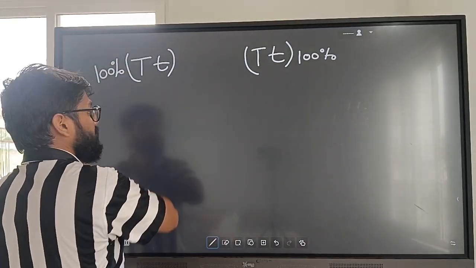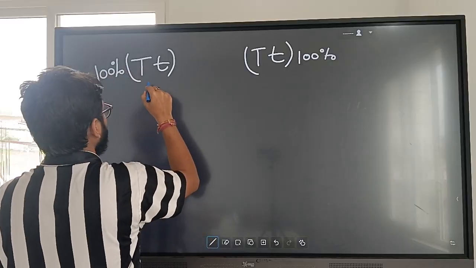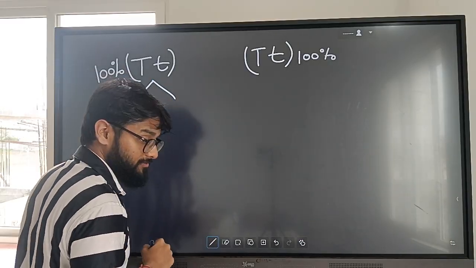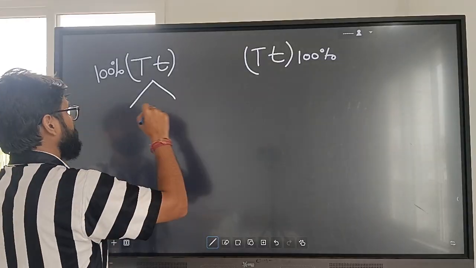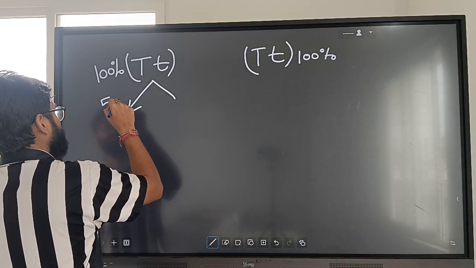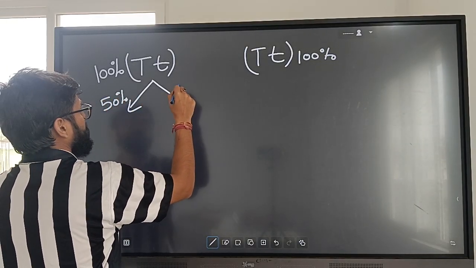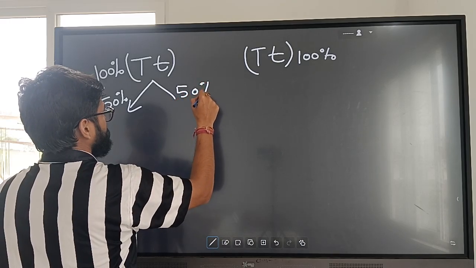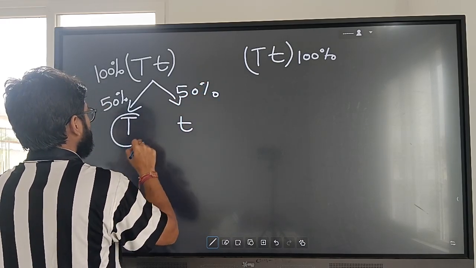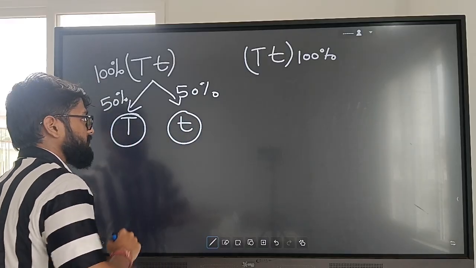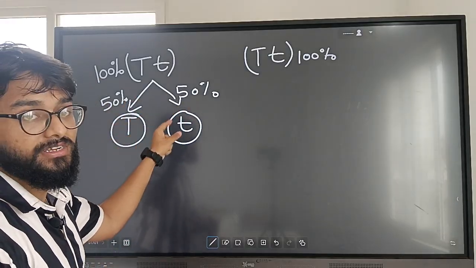Now what happens when they form gametes? As I have told, from Mendel's law of segregation, they must divide equally. That means this should be 50% and this should be 50%, correct? That means these two gametes should be formed 50% of the time.